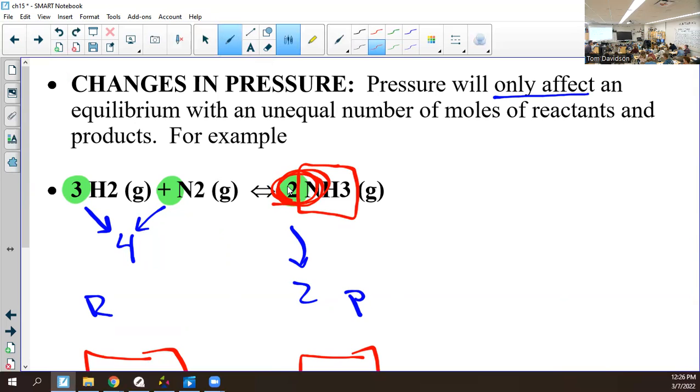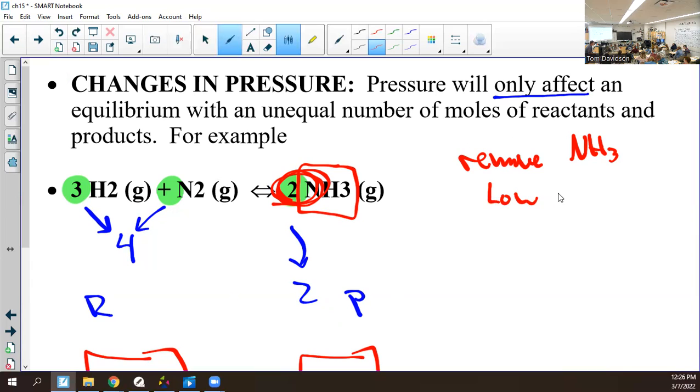So the more I squeeze it, the more NH3 I produce. So to get the highest percent yield, we need to remove NH3, right? This is concentration, not pressure.